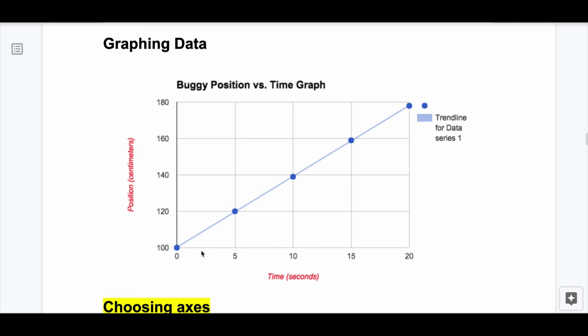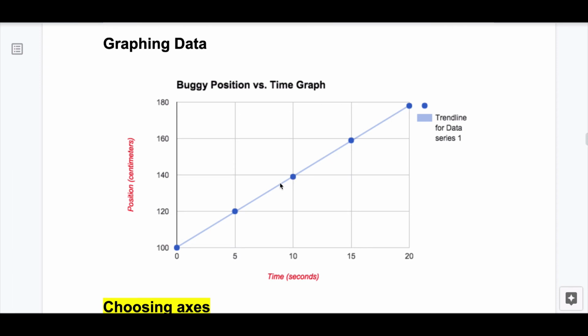So the slope of this graph is my speed. So I can see that this slope at 20 over 5, it goes up 20 over 5, 4 meters per second is my speed.